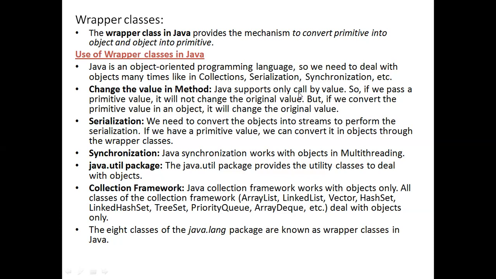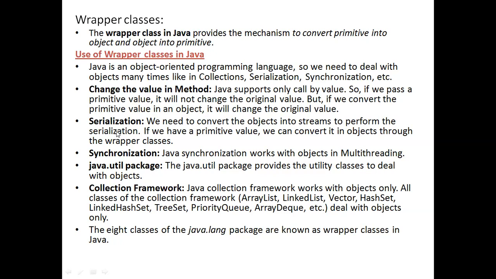So if we pass a primitive value, it will not change the original value. But if we convert the primitive value into an object, it will change the original value. So it is called changing the value in a method.